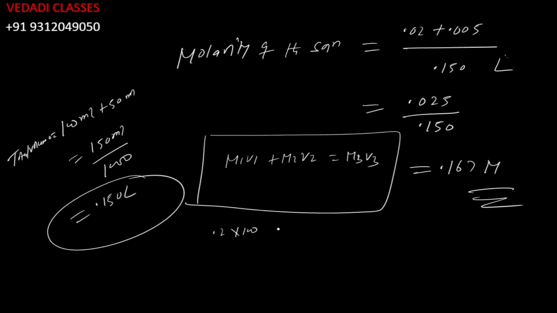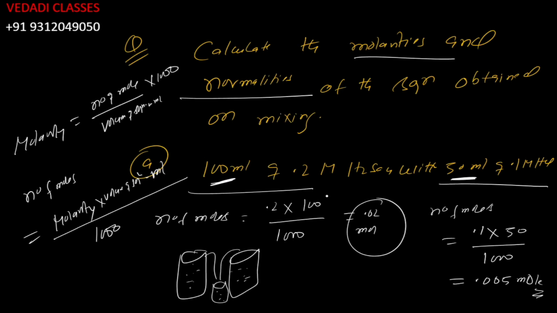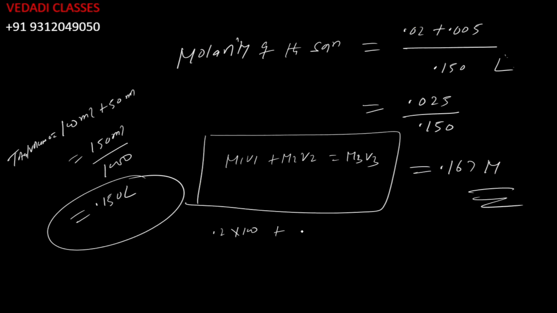So 0.2 into 100 plus M2 is 0.1 M and volume is 50. Total volume V3 is 100 plus 50, into M3, which you have to obtain. This is the simplest way. Use this formula directly.